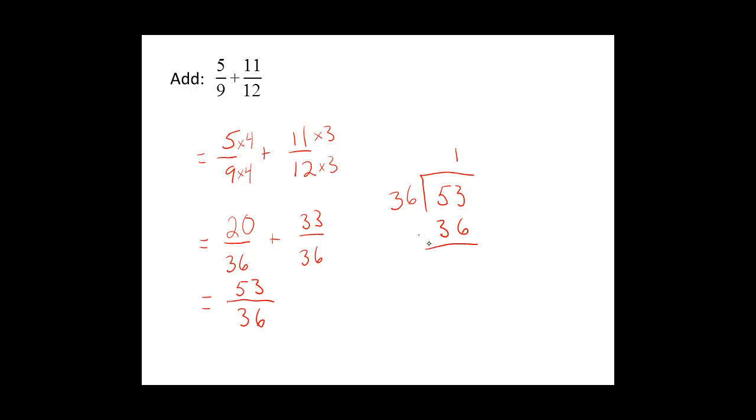We subtract, and we get 17 as a remainder. The 17 is then the numerator of our fraction part, and our denominator stays 36. So we could also write this as 1 and 17 36ths.